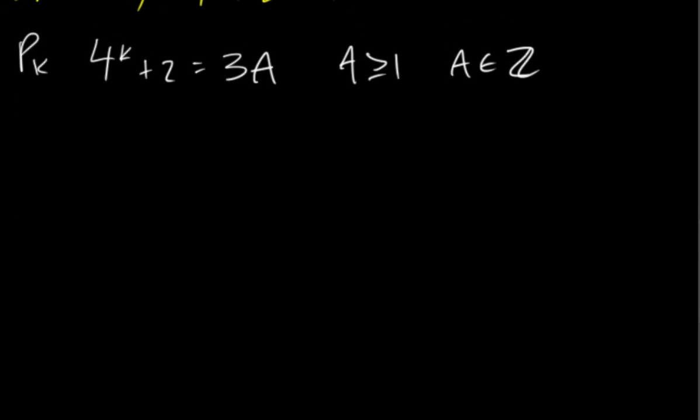And now from here, we're just going to look at 4 to the k plus 1, which is like our next case. So k, and then we want to look at k plus 1. We assume that case k is true, and then we're proving that if case k is true, k plus 1 is also going to be true.